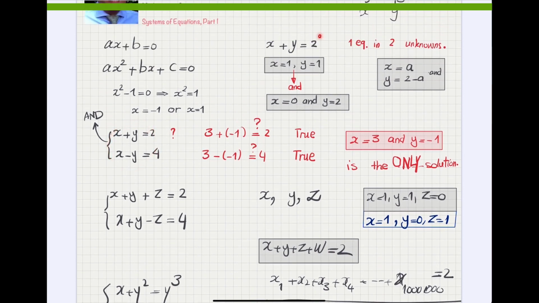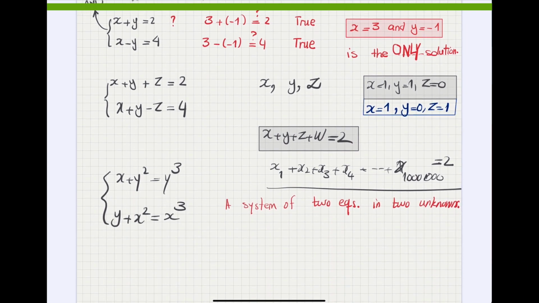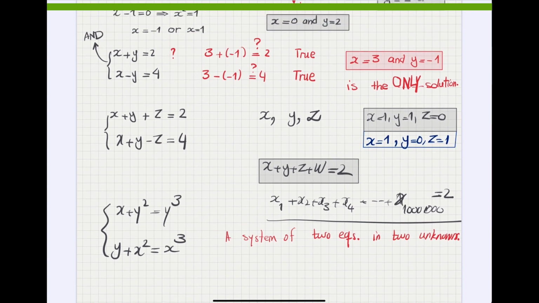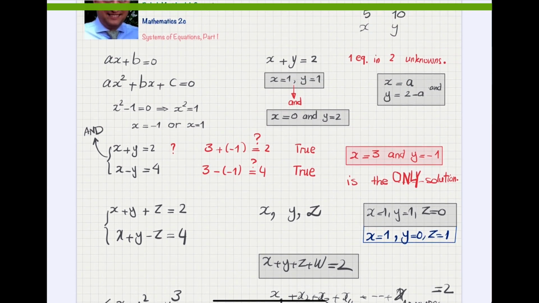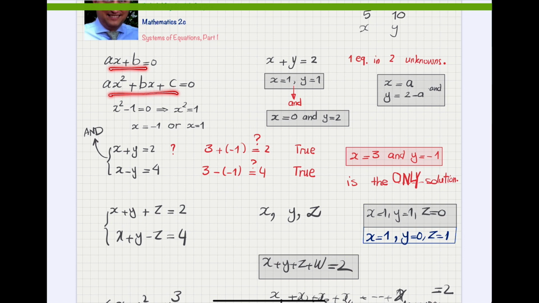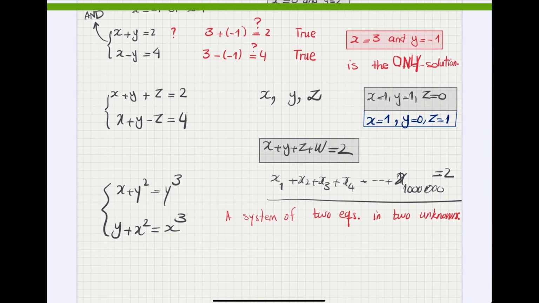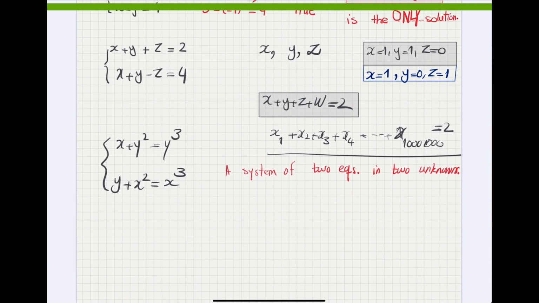This can also be considered as a system, but it only consists of 1 equation and 2 unknowns. If the number of unknowns is just 1 single unknown, we don't call it a system. We call this a system if the number of unknowns is more than 1, even if, like this, we have only 1 single equation.